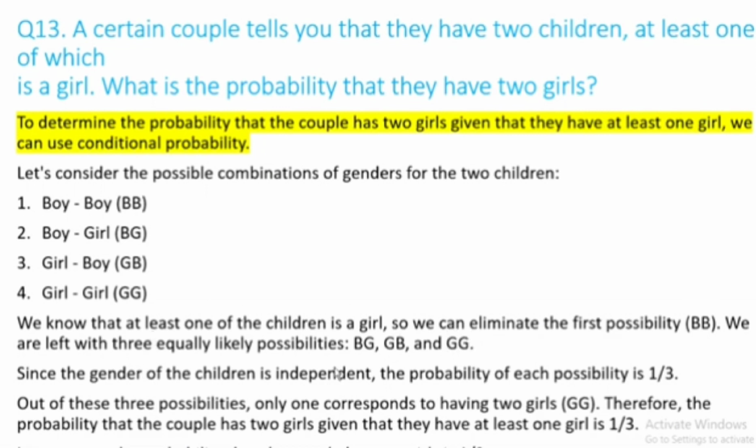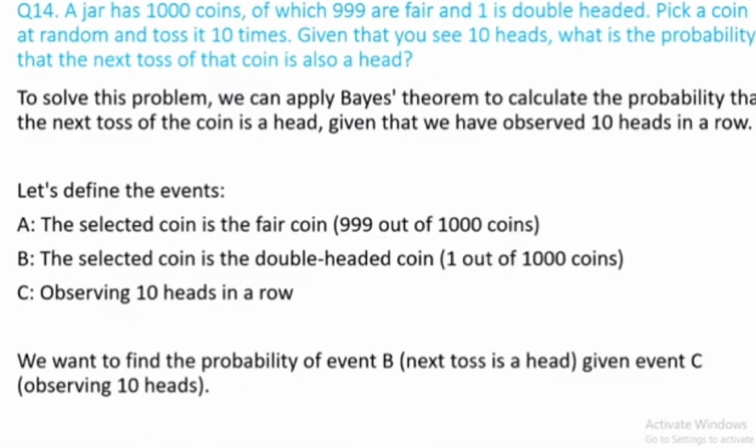Each possibility has a probability of 1 by 3. Out of these 3 possibilities, only one corresponds to having 2 girls. Therefore, the probability that the couple has 2 girls, given that they have at least 1 girl, is 1 by 3. So 1 by 3 would be the answer.